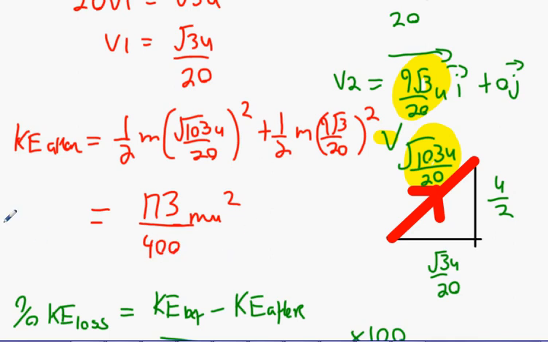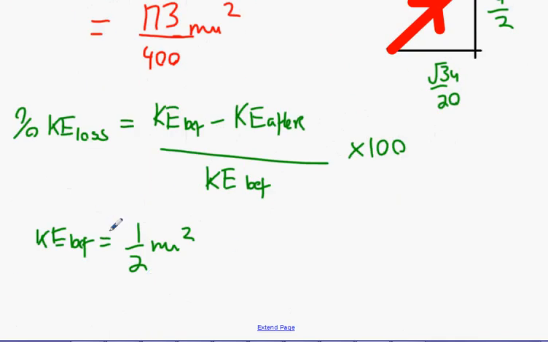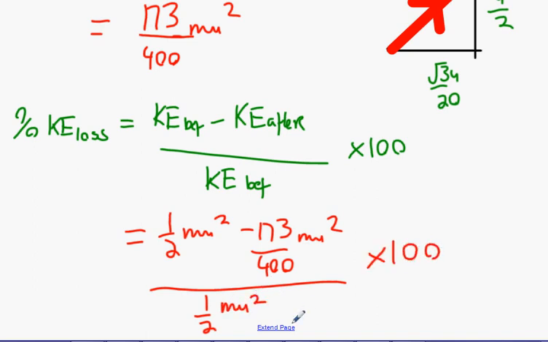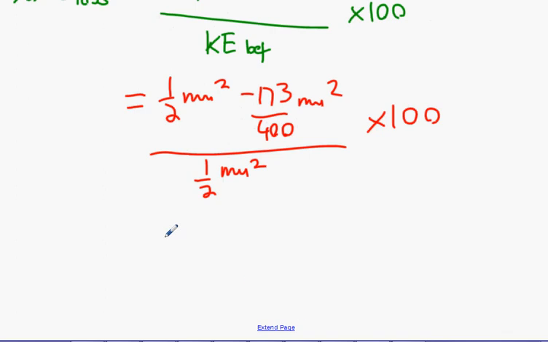Now, kinetic energy loss. We're going to put all our numbers into the kinetic energy loss equation. It's going to be a half m u squared minus 173 over 400 m u squared, over kinetic energy before, which is a half m u squared, multiplied by 100. In effect, the m u squareds cancel.